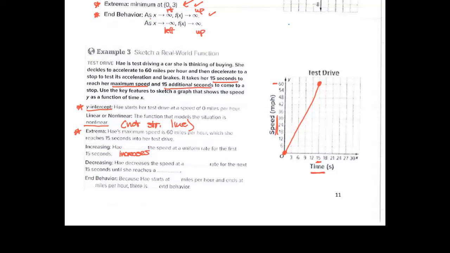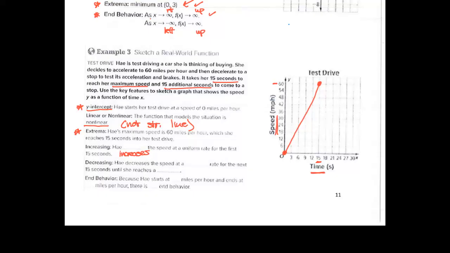Decreasing. Then she decreases the speed at a blank rate for the next 15 seconds until she reaches a blank. What do you think? She decreases the speed at a blank rate.